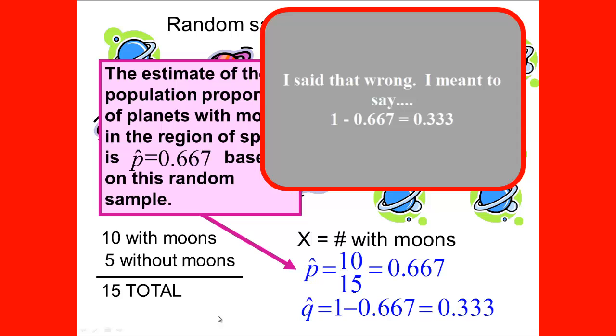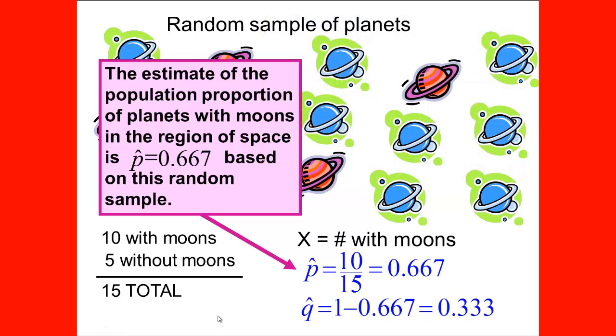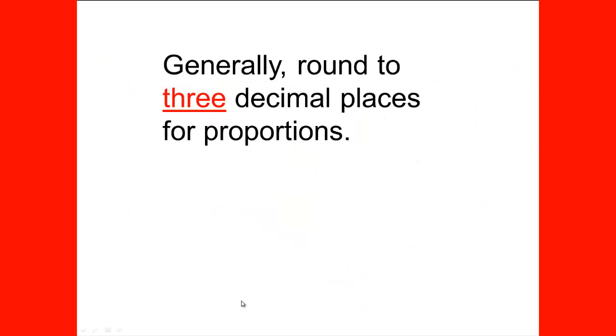The estimate of the population proportion of planets with moons in the region of space is P hat equals 0.667 based on this random sample. Generally, we'll round to 3 decimal places for proportions. Your teacher may have different rounding rules than what Mrs. Borlaug and I are using for this video, so please check with your instructor for rounding rules for proportion.